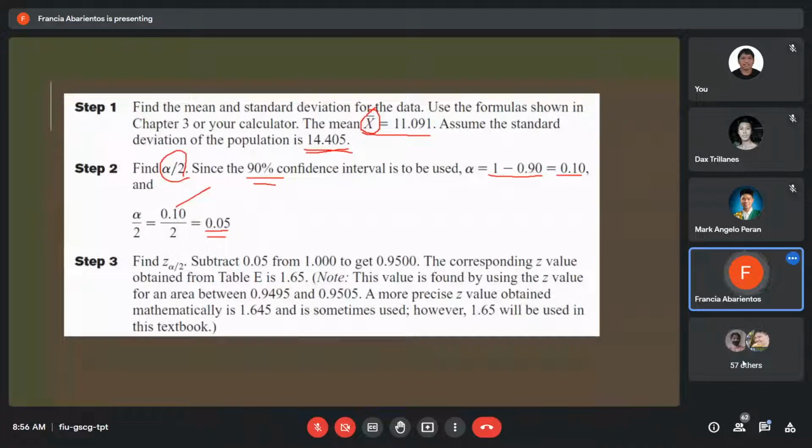So, since we already found the z alpha divided by 2, okay, we need to subtract 0.05 from 1 and get 0.95.